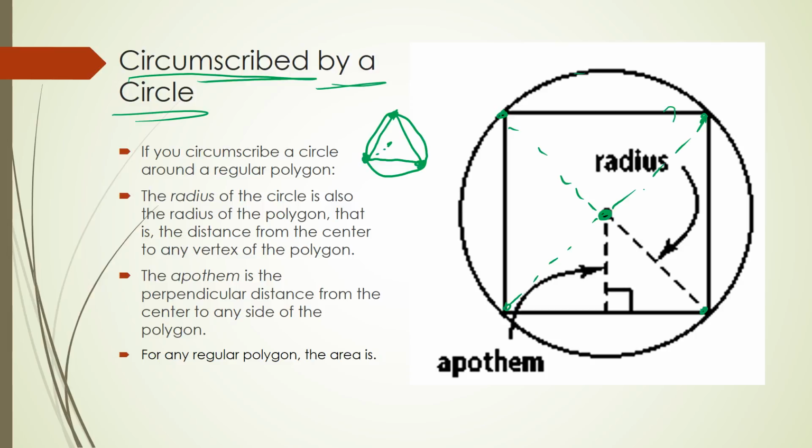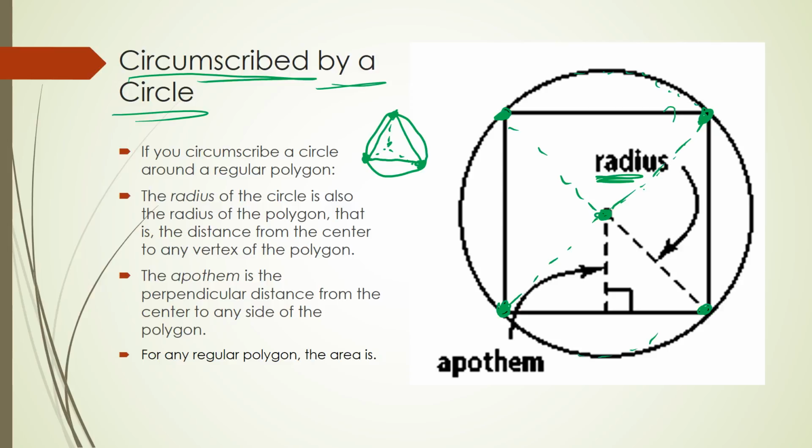Since the only parts of the polygon that are situated on the circle itself are the vertices, or the corners, the radius of the circle is the distance from the center to any point on the circle itself.